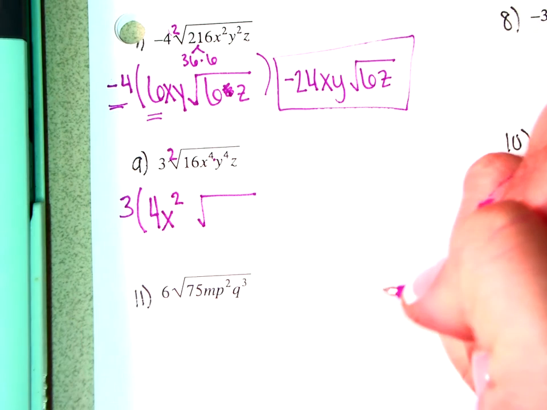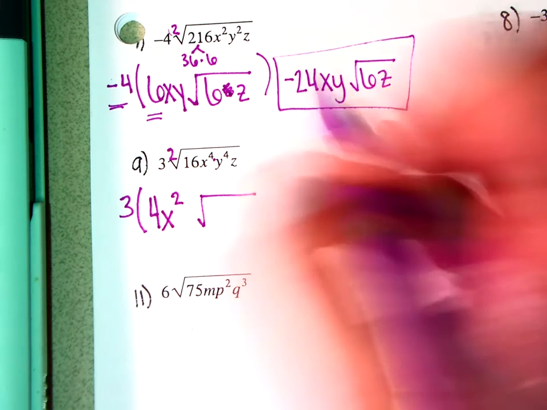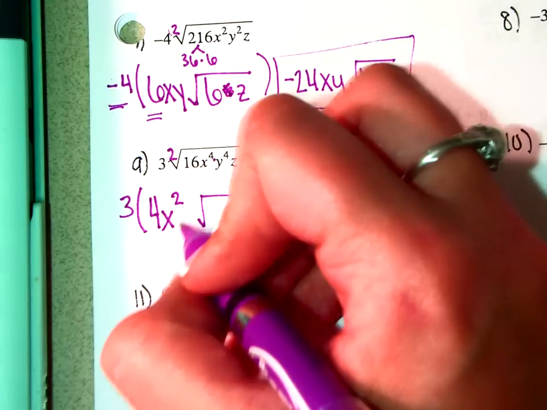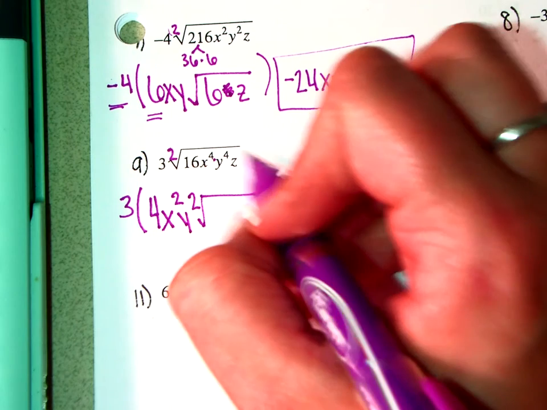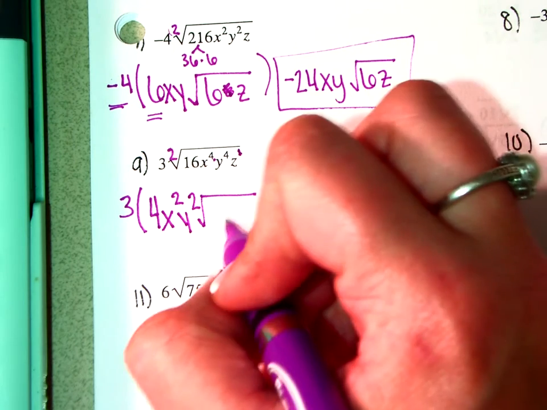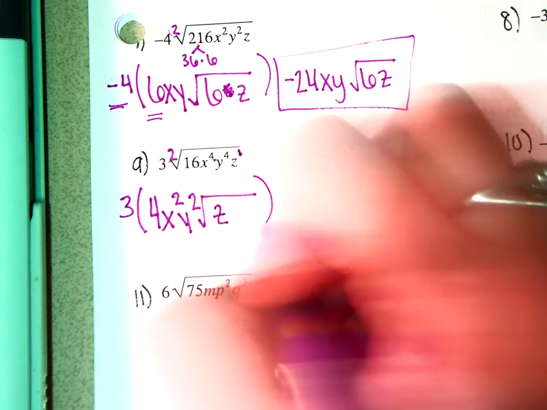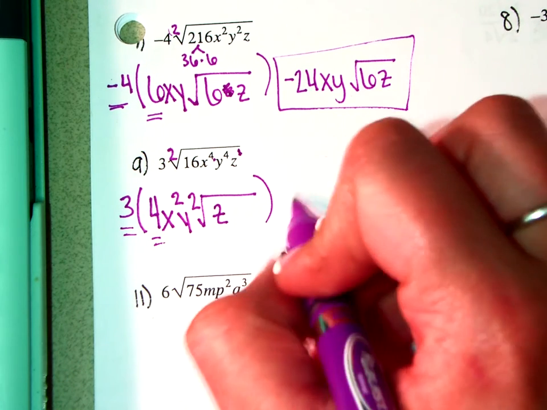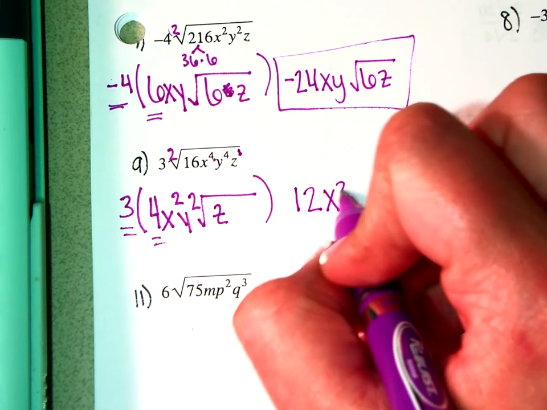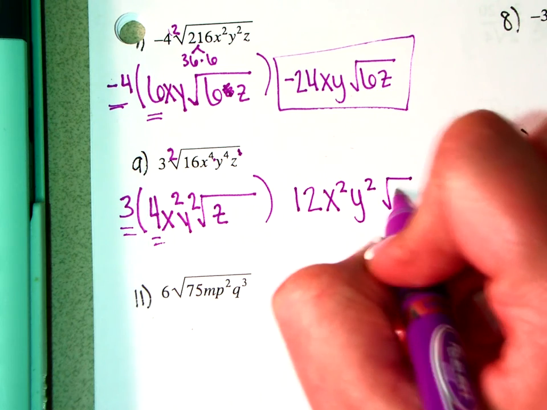So x has a power of 2. Y to the 4, 4 divided by 2, again, is 2 with no remainder, so y squared. And z is to the 1. 1 divided by 2 is a decimal, so I'm going to leave z underneath. To complete this problem, I'm going to multiply 3 times 4, which is 12 x squared, y squared, square root of z.